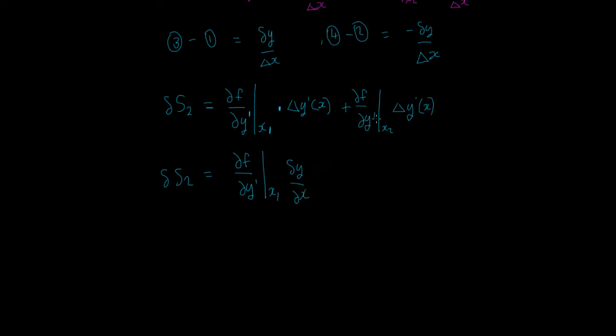In this case here, the delta y derivative is minus dy by dx, so we'll put in the minus here, minus df by dy derivative at x2, and that's dy by dx.